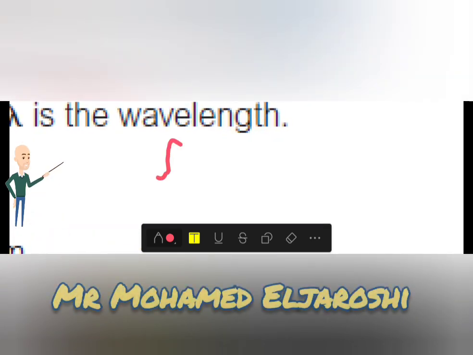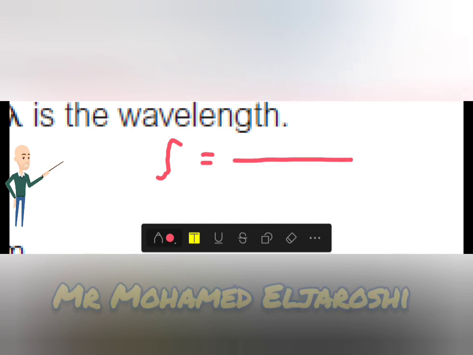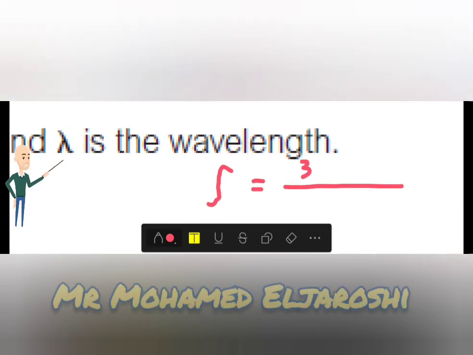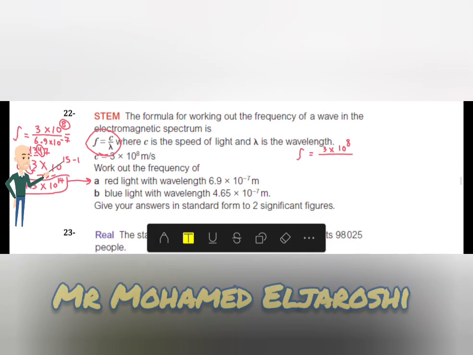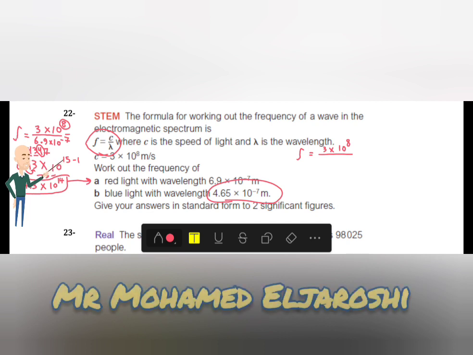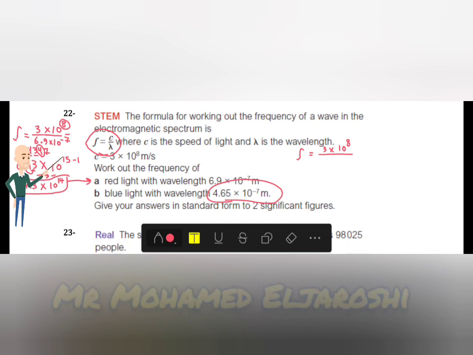Frequency equals the speed divided by the wavelength. So the speed is 3 times 10 power of 8, same thing. 3 times 10 power of 8. And then we divide it by the wavelength in the blue here. So it's 4.65 times 10 power of -7.